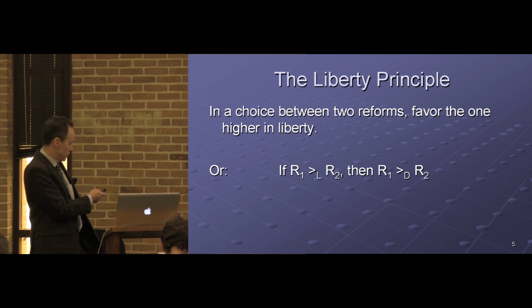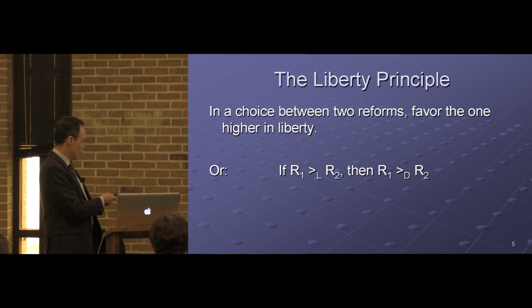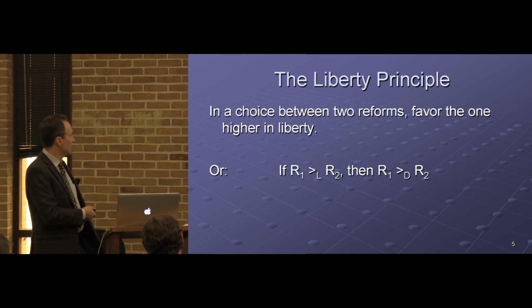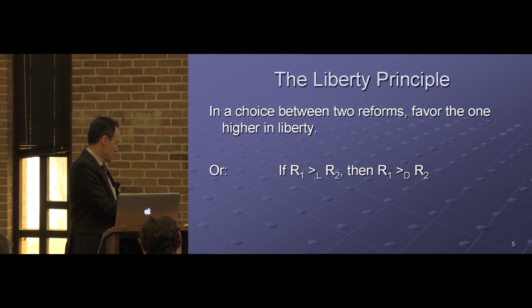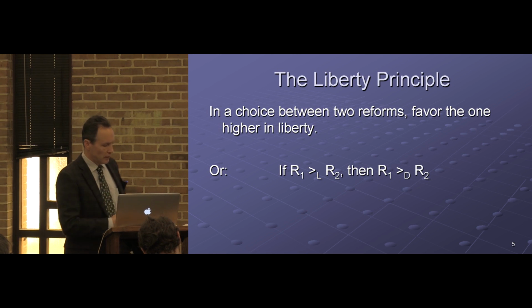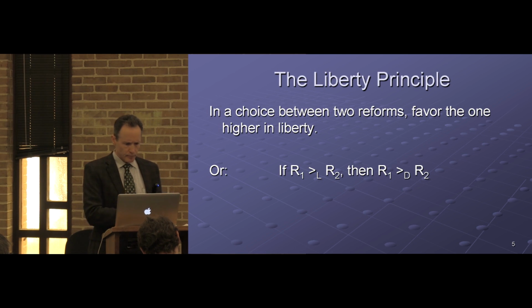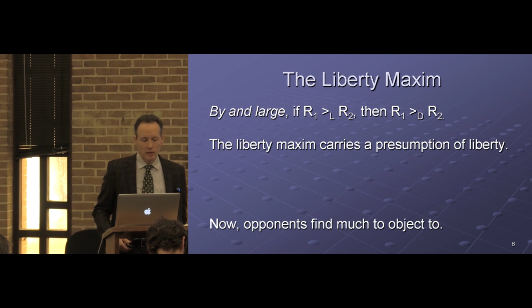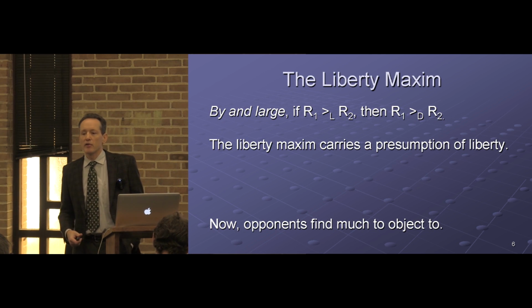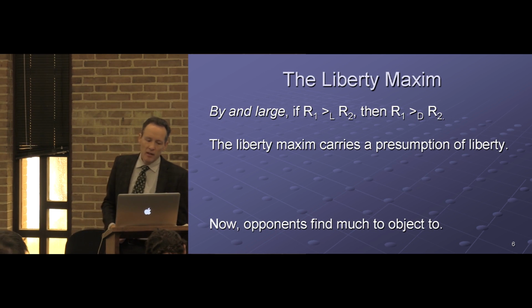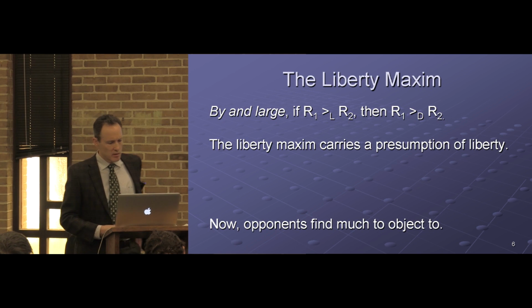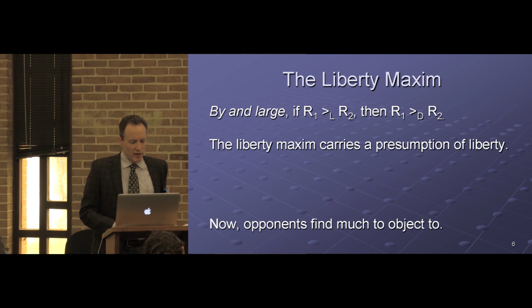So we tend to actually, at least I do, formulate reforms and issues in terms of, in a sense, this liberty ranking. Now, this isn't stated as an absolute principle. Putting a "by and large" in front gives us a maxim, which is what I'm in favor of championing.